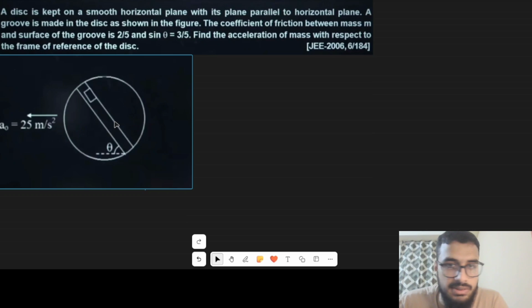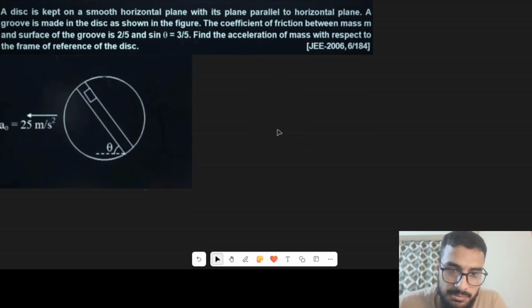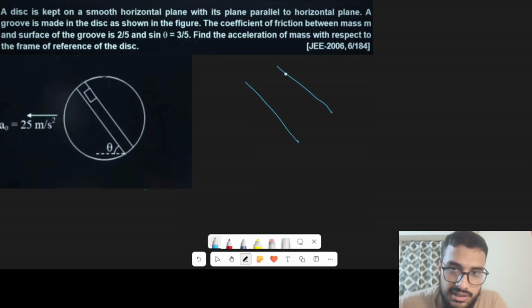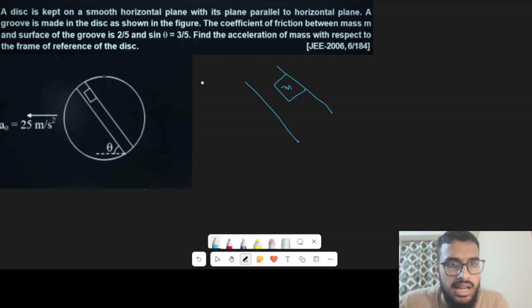The coefficient of friction is given between the mass m and the disk. This is our groove and this is our mass m. Suppose this mass is a cuboid with 6 faces, and it is touching the disk with 2 of the faces.